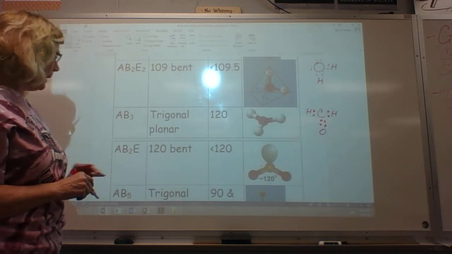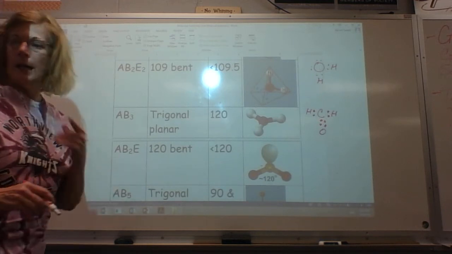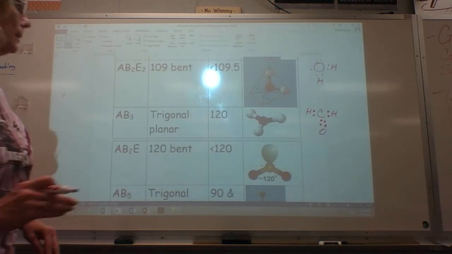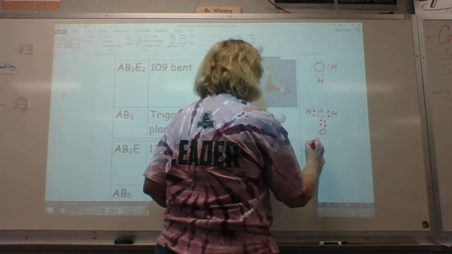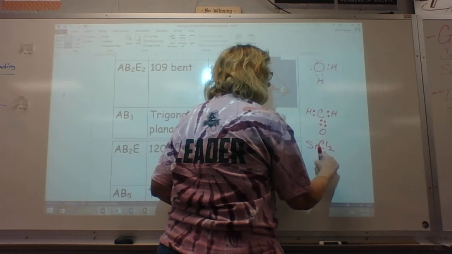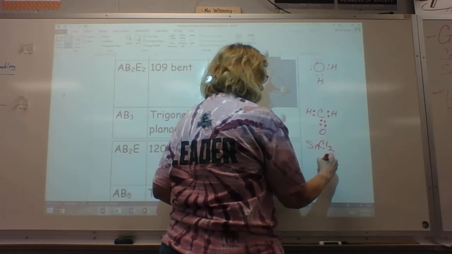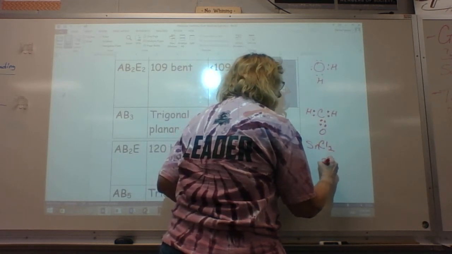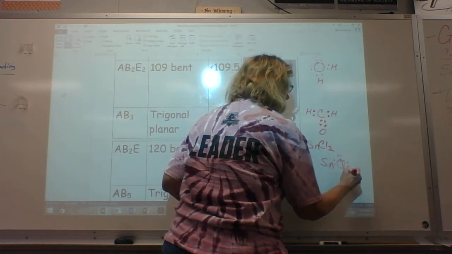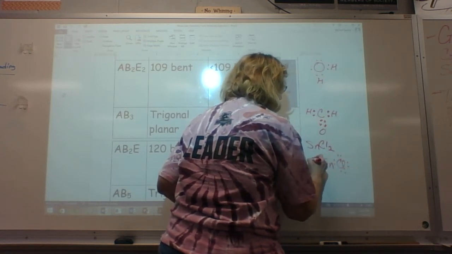Let's take a look at AB2E for the next one. That would be like tin 2 chloride. Remember, tin is a metal, so it doesn't have to have an octet. Chlorine cannot have multiple bonds, so we can't result in double bonding to give tin an octet.